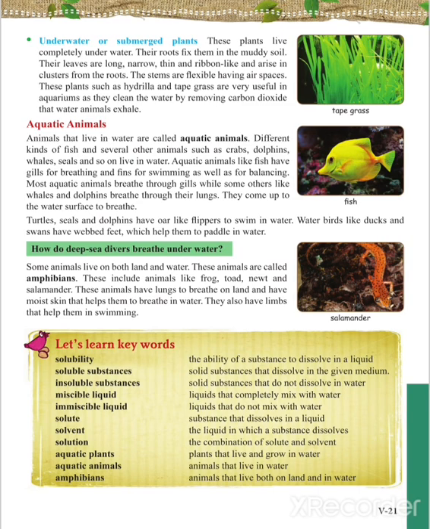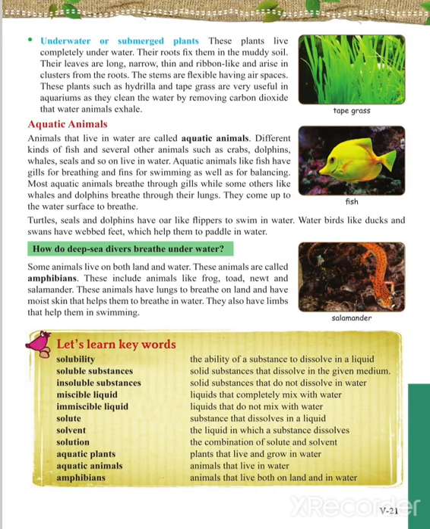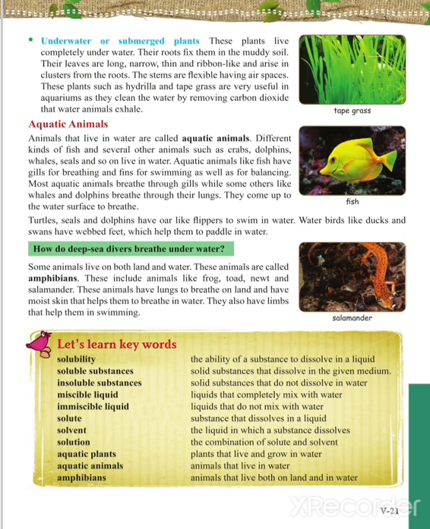There are some animals who live both on land and in water. These animals are called amphibians. These include animals like frog, toad, newt, and salamander. They have lungs to breathe on the land and have moist skin that helps them to breathe in water.